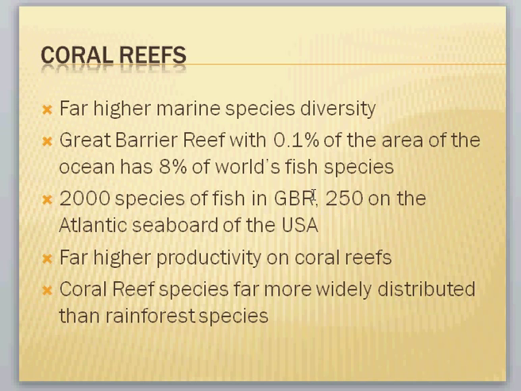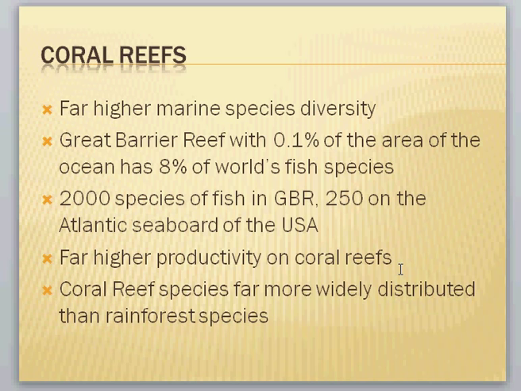There is far higher productivity on coral reefs compared to other marine ecosystems, mainly because they're shallow and they quite often have access to nutrients from land sources, but not too many nutrients.